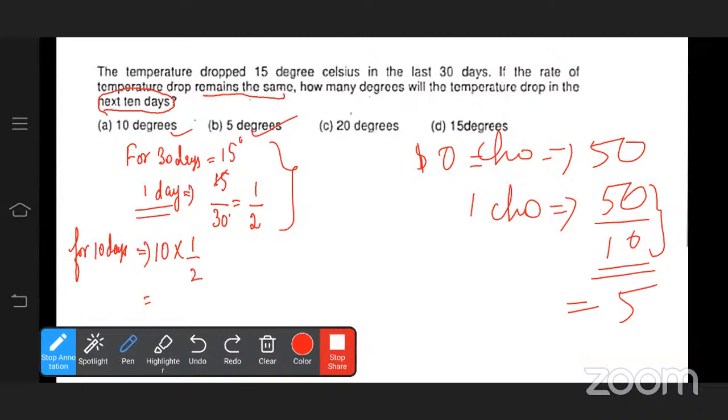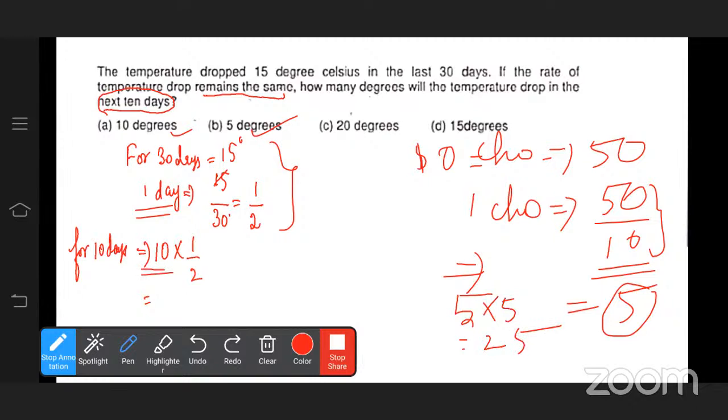Okay, ma'am. 15 by 30, so 1 by 2. Now just listen here. The cost of 10 chocolates is 50, the cost of 1 chocolate is 5. I am going to find the cost of 5 chocolates. What I have to do? Multiply, right? 5 into 5, 25. Likewise, here they are asking about 10 days.